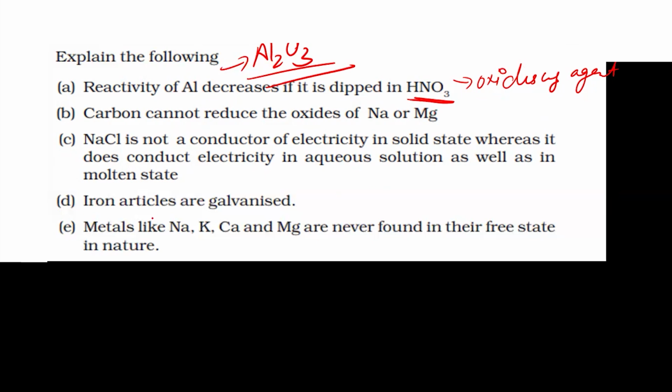Okay. Next is carbon cannot reduce oxides of sodium and magnesium. Very important. Because we know sodium and magnesium are highly reactive metals, right? So what you have to remember here is that whenever they react with oxygen, they have a high affinity to oxygen, higher than carbon.